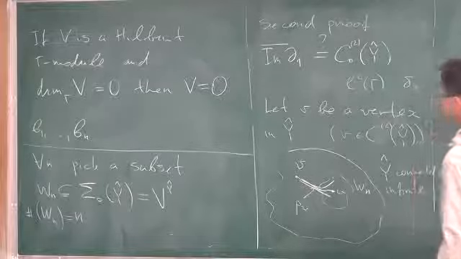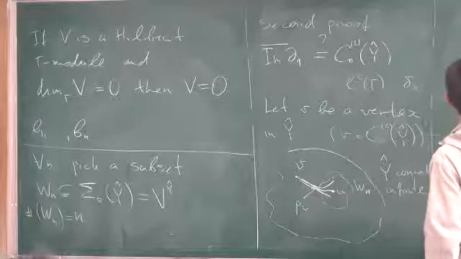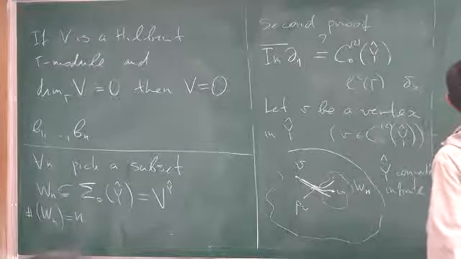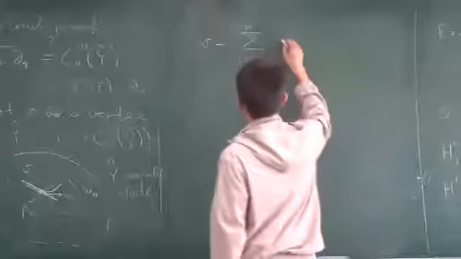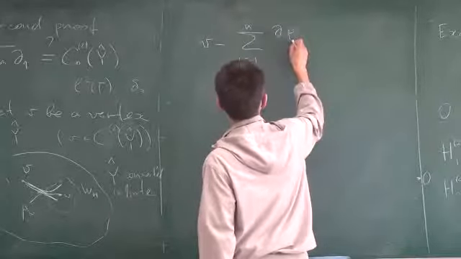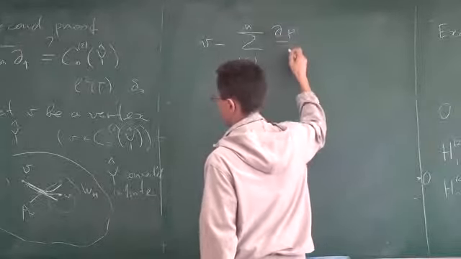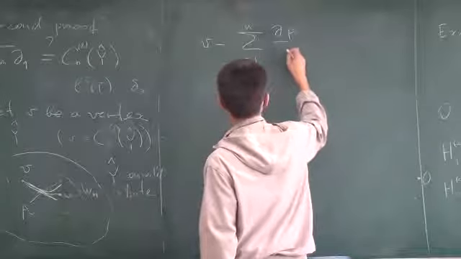And then take the sum of those. You take V minus the sum, i goes from 1 to n, of the boundary of the path P_W divided by n.